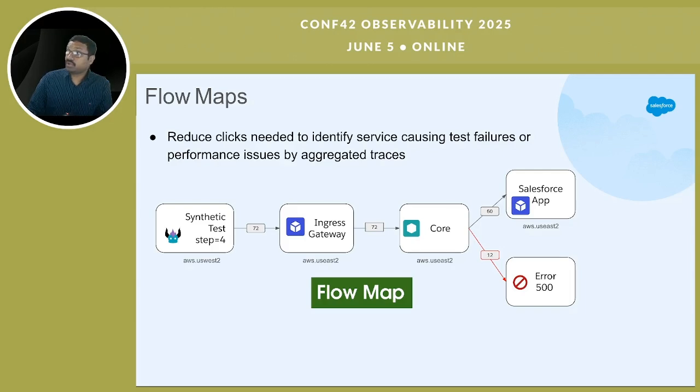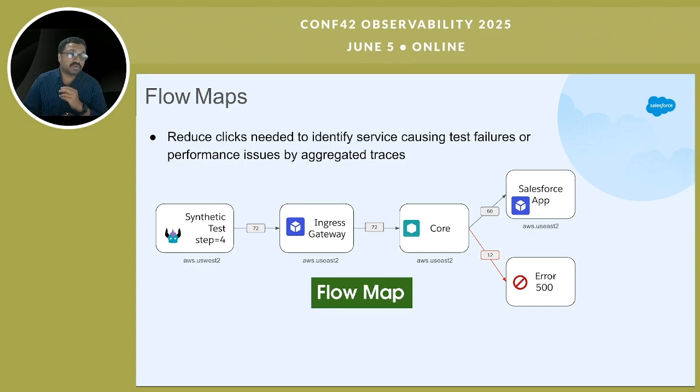You can also do more with trace aggregation. You can create a directed graph representation of the flow of the request like this, right? You basically are giving a directed graph representation of how the request was flowing and what the health of those individual requests looked like at an aggregated level.